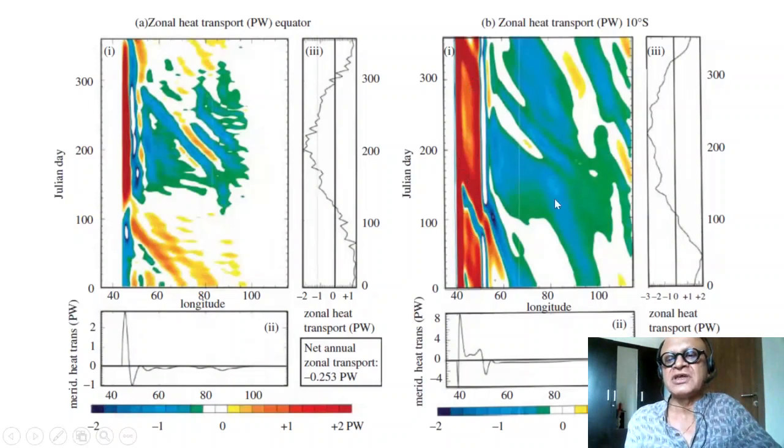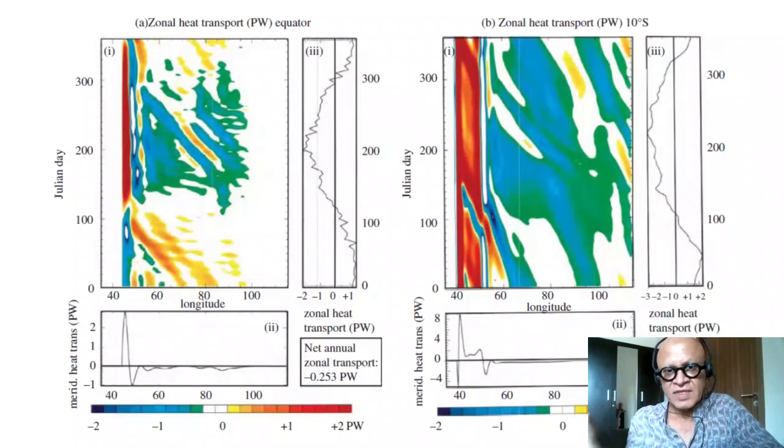So that is seen here, and you again see these Rossby wave-like features now at 10 south with the zonal mean shown here. But if you integrate across zonally, you see that the boundary transport is essentially compensating for the broadly distributed interior transport in both across 10 south and the equator. Okay, so these are the zonal distribution.